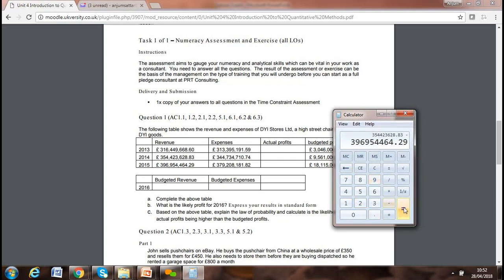So now that's the figure, yes? Divided by my base, which is 3, 5, 4, 4, 2, 3, 6, 2, 8.8.